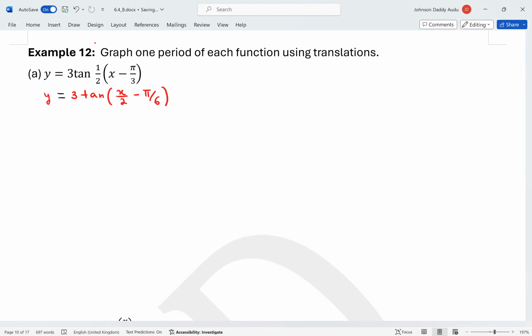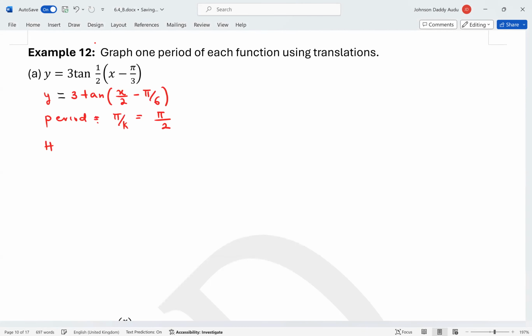Here, this is y, so we can say the period is pi over k, which is pi over 1 over 2, because our k is 1 over 2.